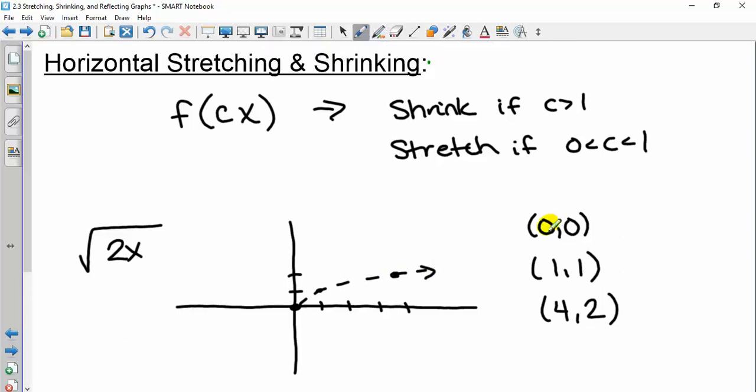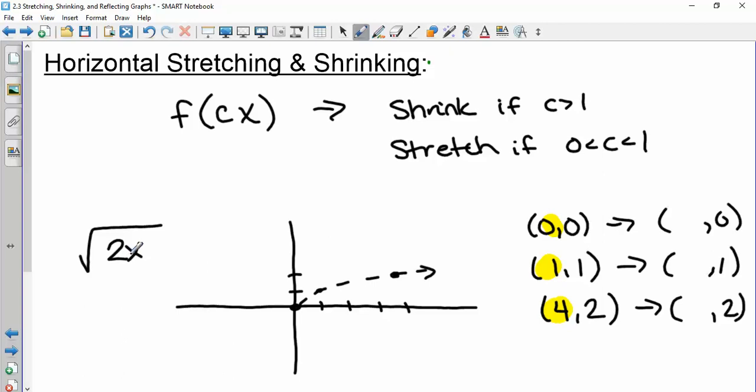Inside will change my x and only my x. So my y will stay the same. But it does the opposite of what we say.